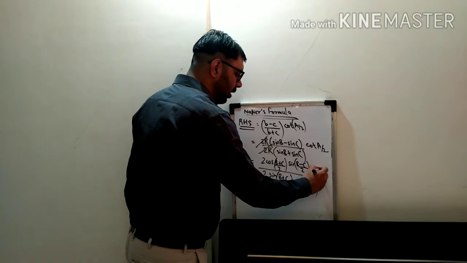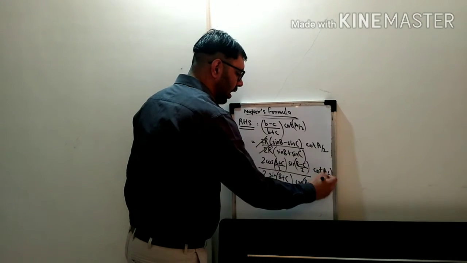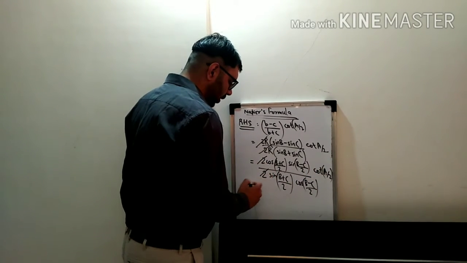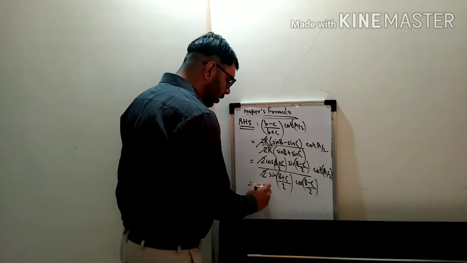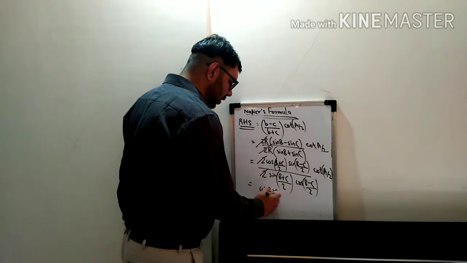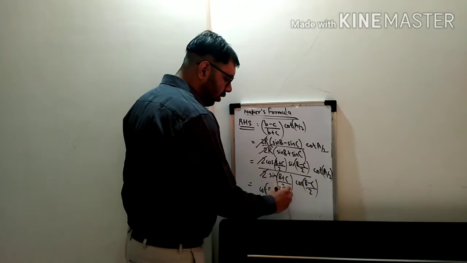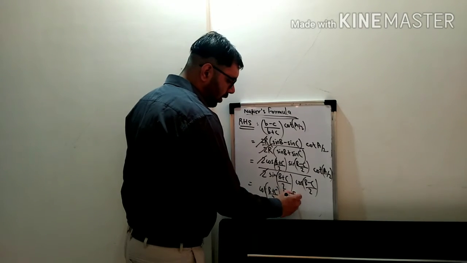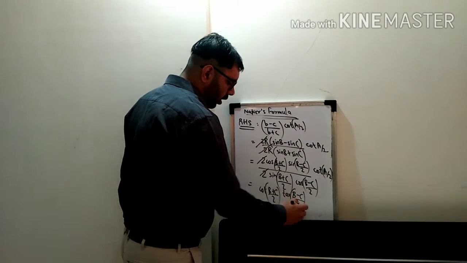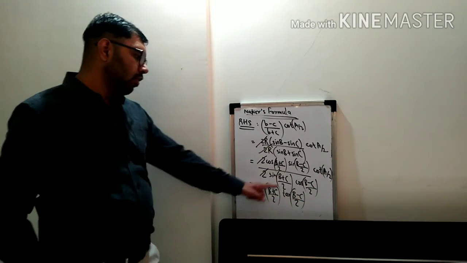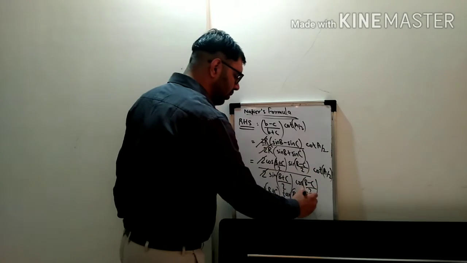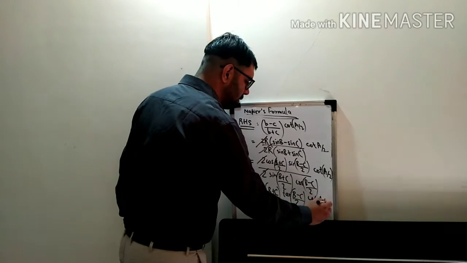And we have the term cot A by 2. So cos by sin will become cot, giving cot of (B plus C) by 2, and sin by cos will become tan, giving tan of (B minus C) by 2. So we have cot of (B plus C) by 2 into tan of (B minus C) by 2, and this term is cot of A by 2.